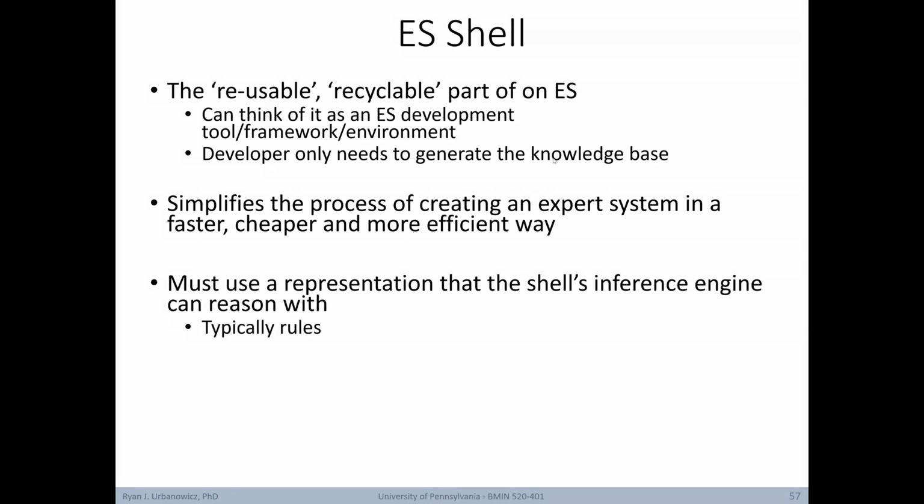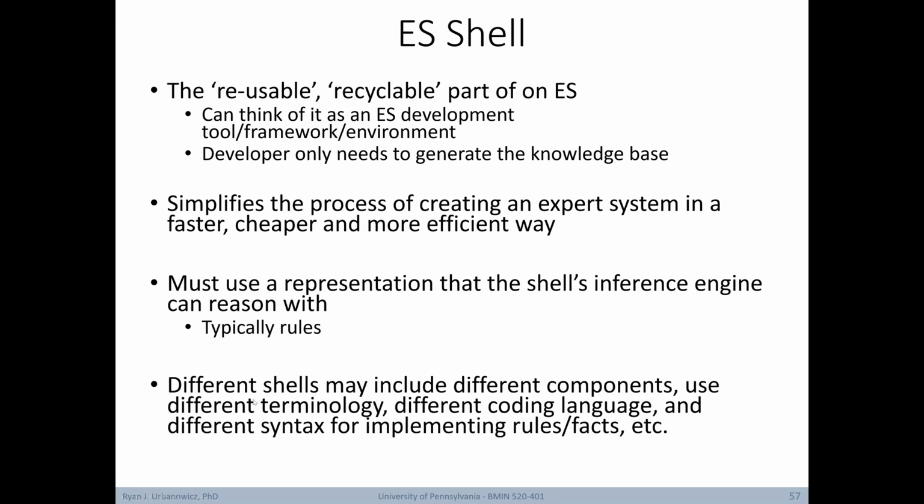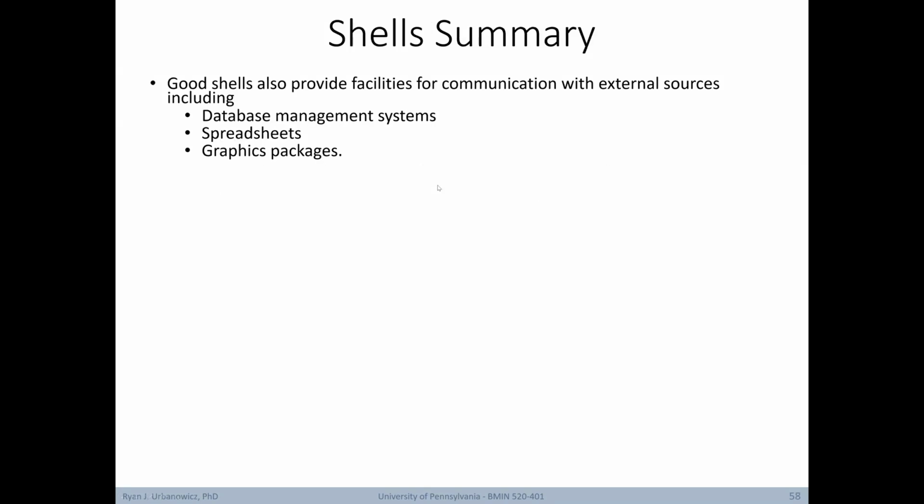The major caveat here is that you have to use a representation that the shell's inference engine can reason with. And in most situations, this representation would be rules. Notably, different shells may include different components, use different terminology, and utilize different underlying coding languages, as well as different syntax for implementing rules, facts, etc. So here's a quick summary of some other information about shells.